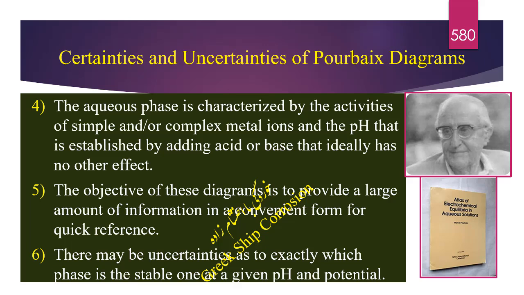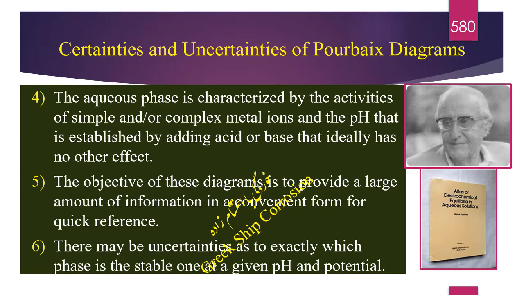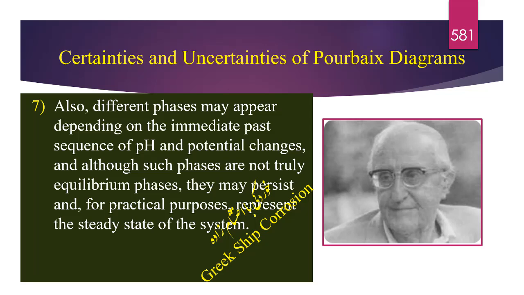There may be uncertainties as to exactly which phase is the stable one at a given pH and potential. 7. Also, different phases may appear depending on the immediate past sequence of pH and potential changes, and although such phases are not truly equilibrium phases, they may persist and, for practical purposes, represent the steady state of the system.